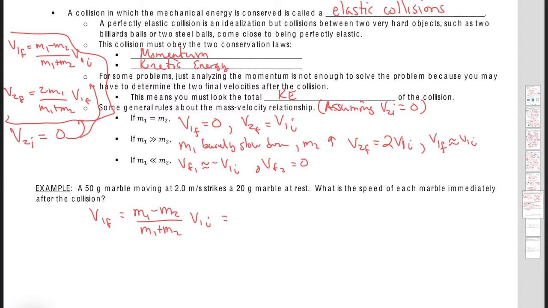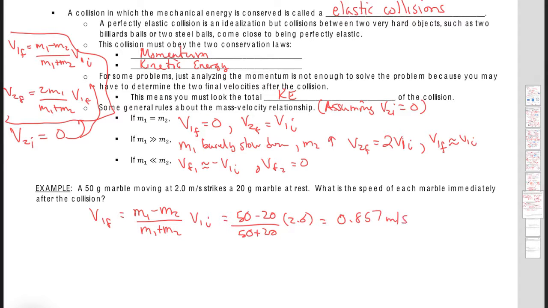I can keep everything in grams because everything is given in grams. So 50 minus 20 over 50 plus 20 times 2, which is 30 over 70 times 2.